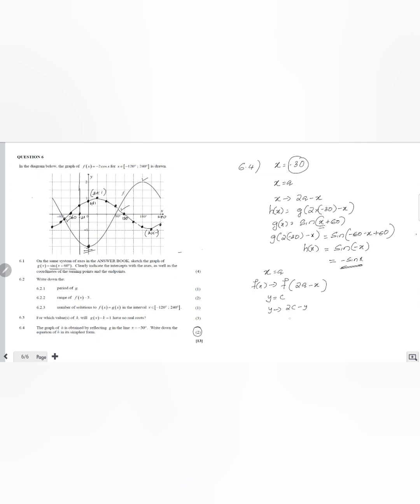That is, the new graph h of x, reflecting about the line y is equal to c, is going to be 2c minus g of x. This is how you have to write it. So just follow this one for a horizontal line and the other one for a vertical line. That is the formula you have to use. Is it clear? So we are done with question number 6.